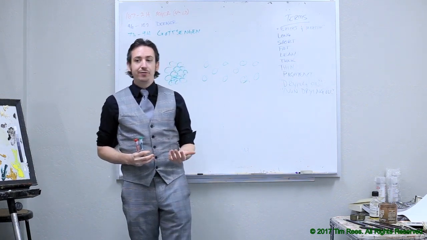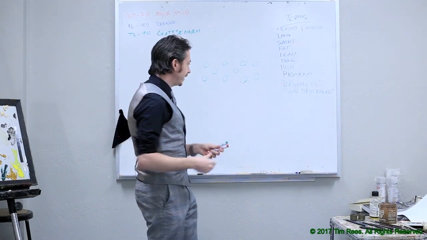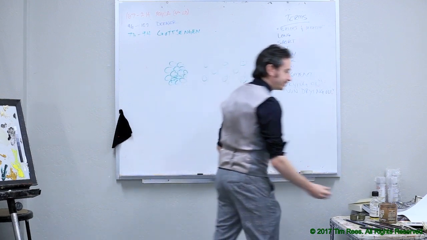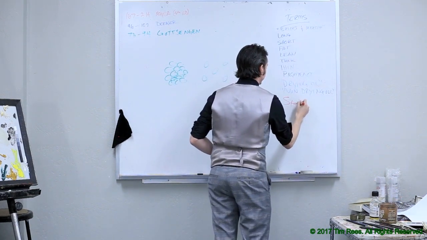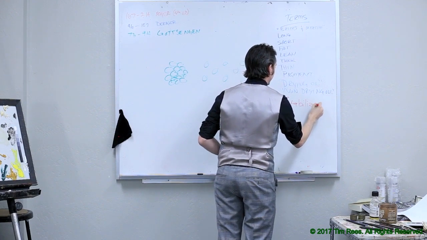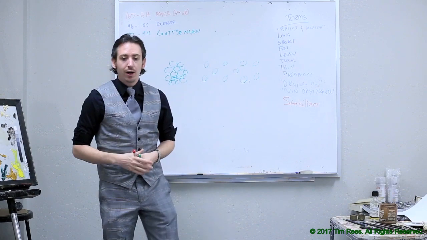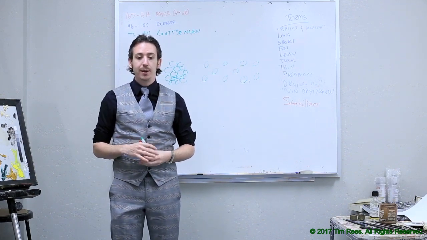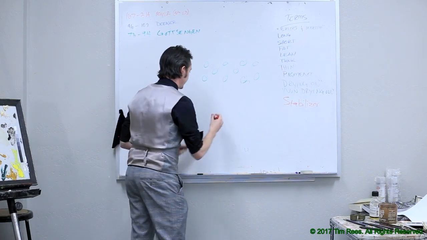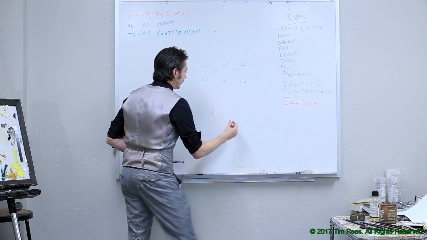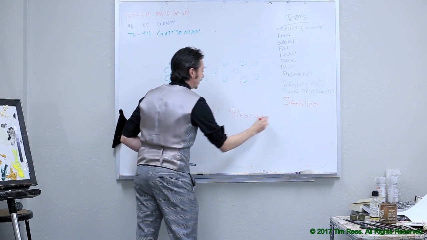But now we have things called stabilizers. And that's something that we should write down: a stabilizer. The stabilizers are often things like metal soaps, aluminum stearate, spelled S-T-E-A-R-A-T-E, I believe.